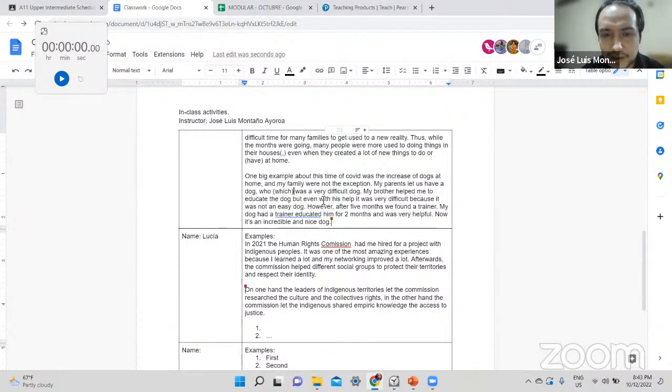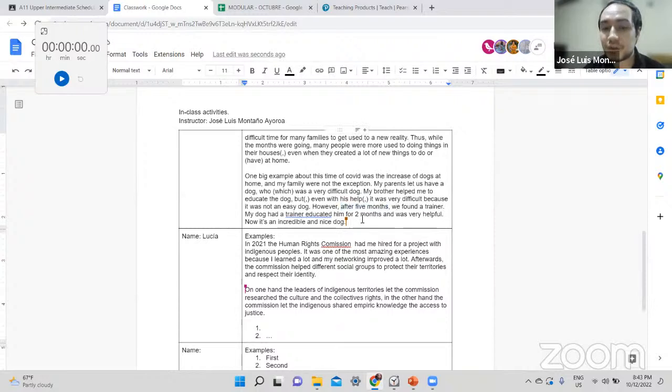The difficult dog. My brother helped me to educate my dog. Even this, okay, but comma, right? But even with this help, it was, and this is another extra comma because this is clarification. But even with this help, it was very difficult because it was not an easy talk. Okay, however, after 5 months, here another comma. Why? Because this is the subject and this is time expression.